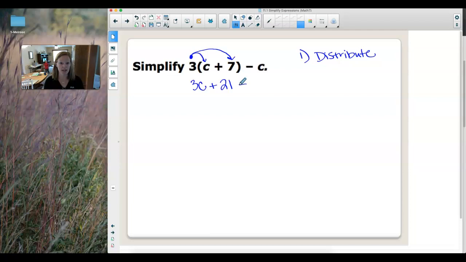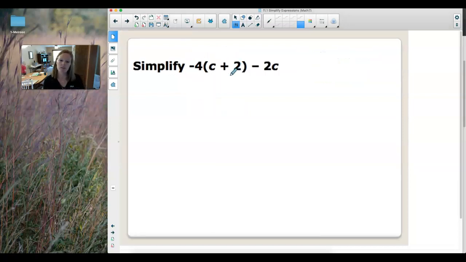And then we still have a minus c out there. So now we can combine like terms, and 3c minus c is 2c plus 21. And there's our answer because we've done the distributing and then we combine. We always have 2 steps to do, distribute and then combine.